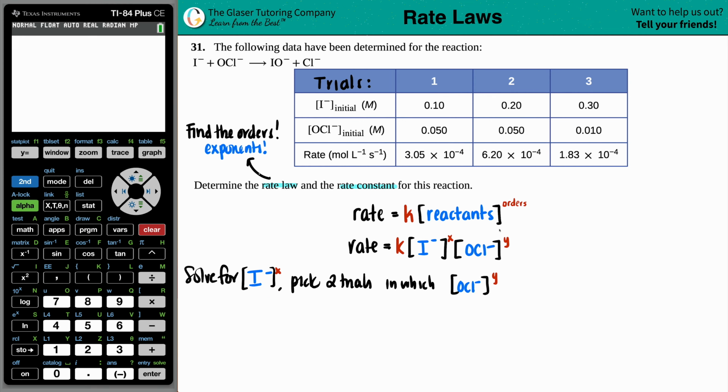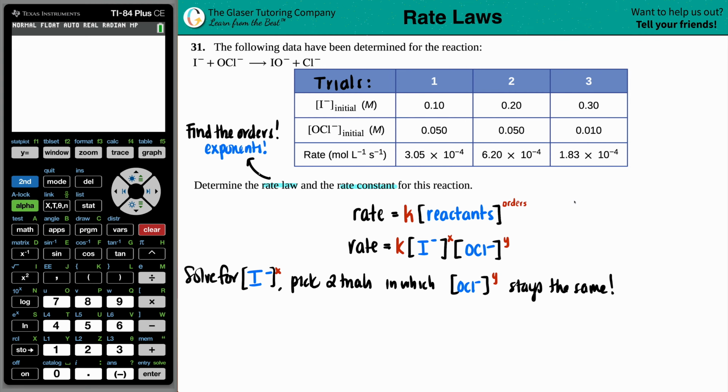So I'm going to look up at my trials and go to the OCl minus. Are there any two trials in which OCl minus is the same? Yeah, trial 1 and 2. So I'm going to use these two trials to get my x order.